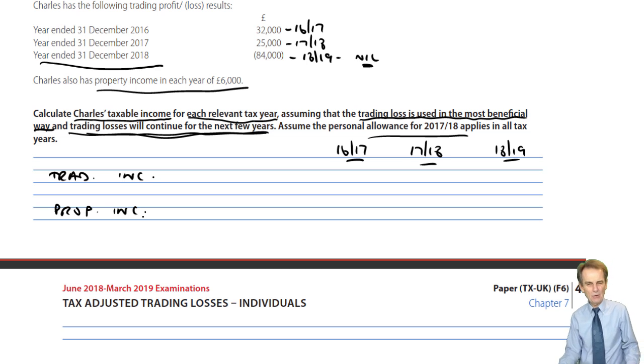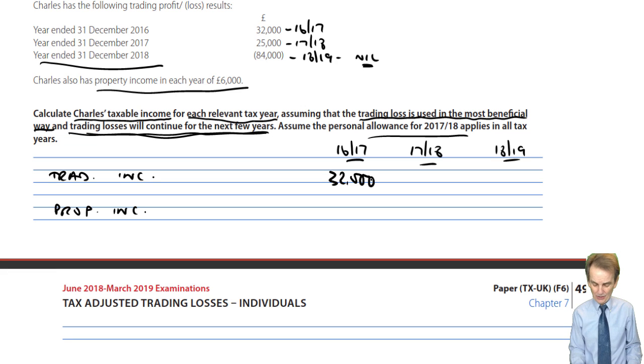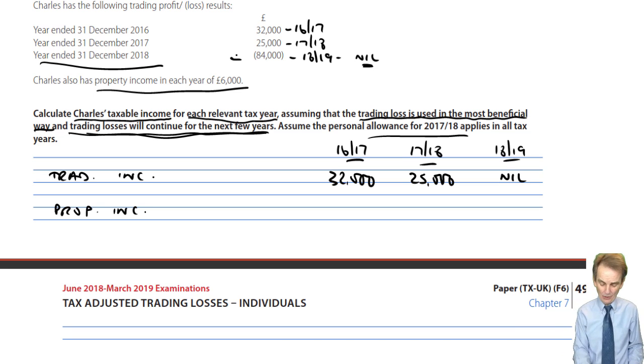And the beauty of these, if it is a Section C question, is so much of your answer comes directly by just copying numbers down from the question. So what have we got as trading income assessments? We've got 32,000, 25,000, and of course nil, it being this great big loss of 84,000 that's been sustained.